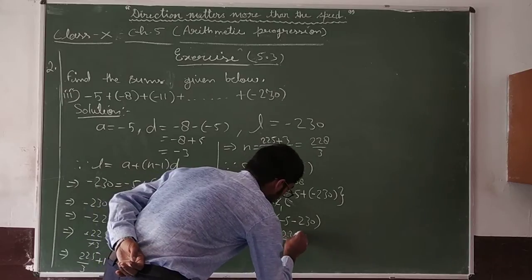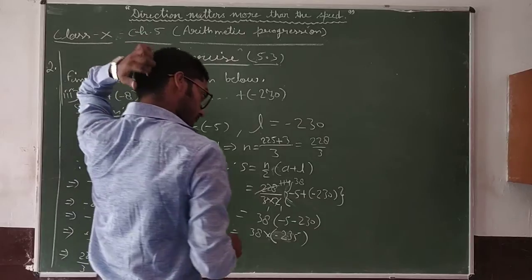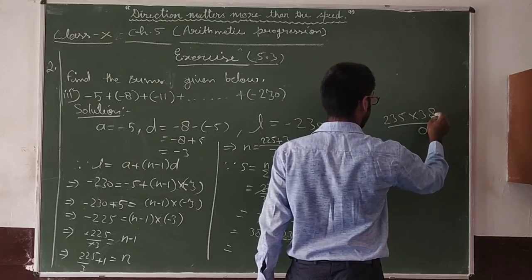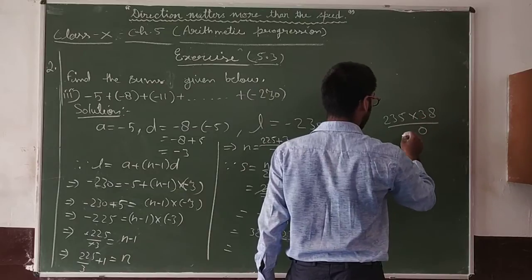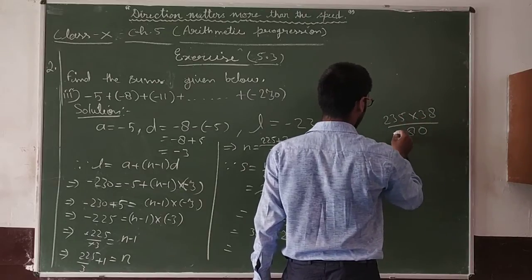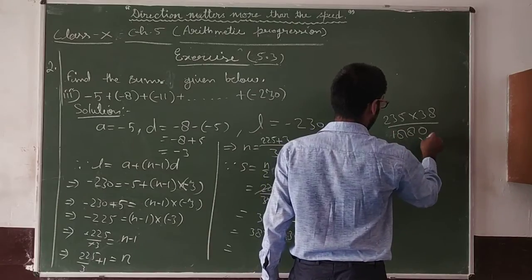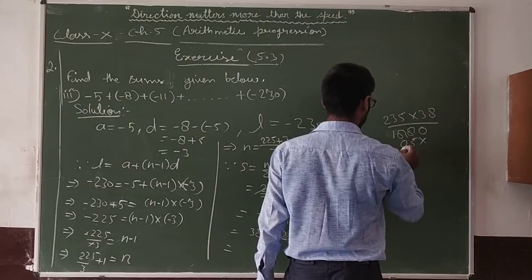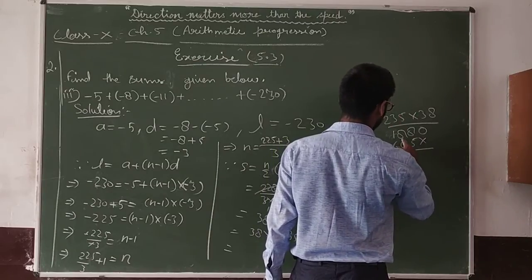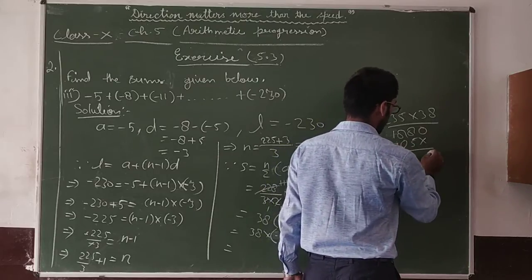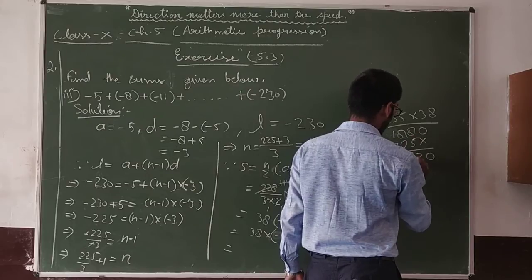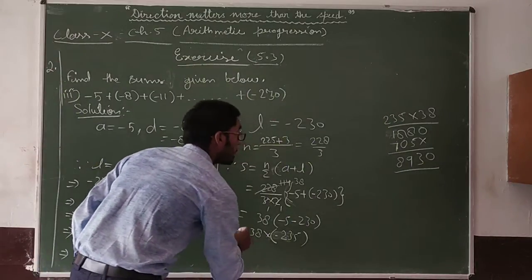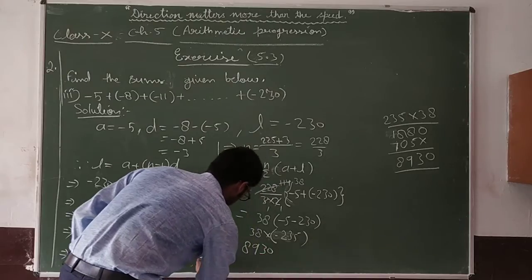Now multiply 235 by 38. 8 5s are 40, 8 3s are 24, 8 2s are 16, 3 5s are 15, 3 3s are 9, 3 2s are 6. Adding up, you will get 8930.